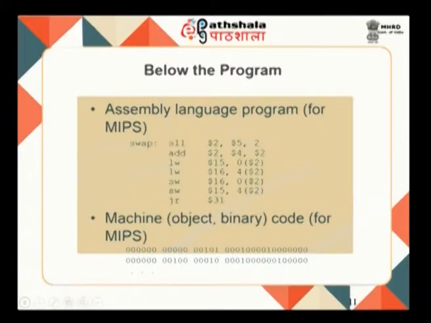So, this is the translation from your high level language to your assembly language and then your binary code. What we are going to look at, when we look at the features of the instruction set, is what will go into these zeros and ones, and how to interpret these zeros and ones as data or instructions or addresses, and so on.